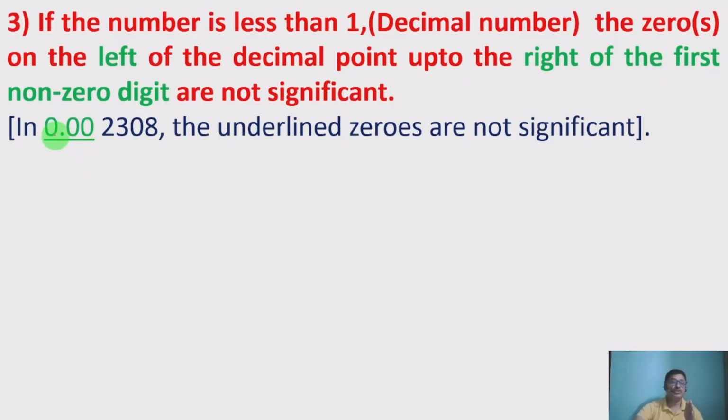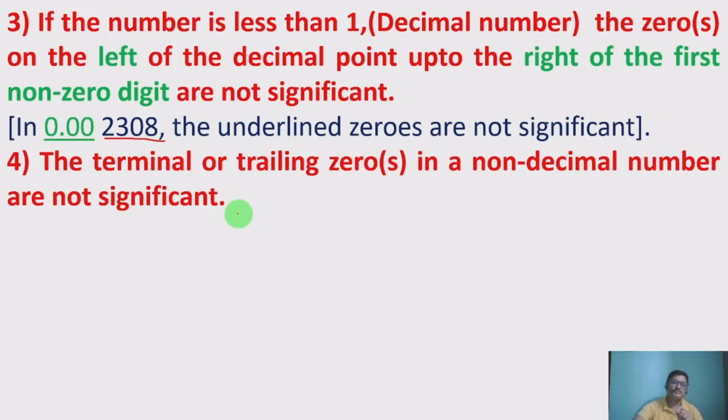In this one, the 0 on the left of the decimal point is not significant. And up to the first non-zero digit, the zeros in the decimal number are also not significant. Therefore, all these three underlined zeros are not significant. Therefore, only these four numbers are significant according to this third rule of significant figures. The underlined zeros are not significant.